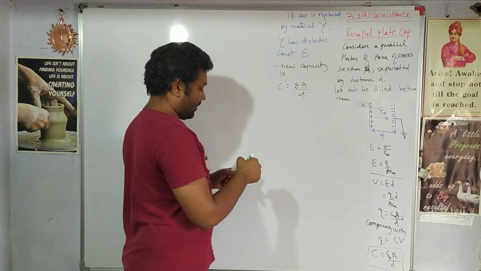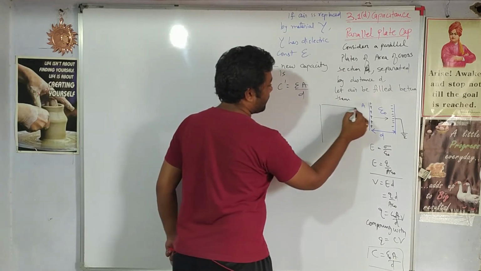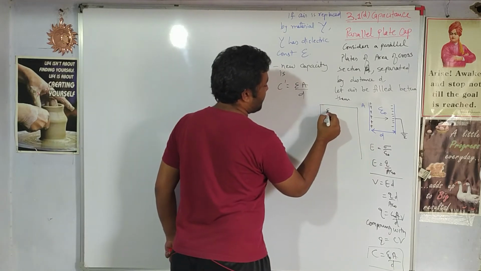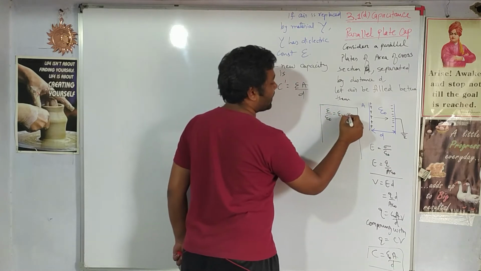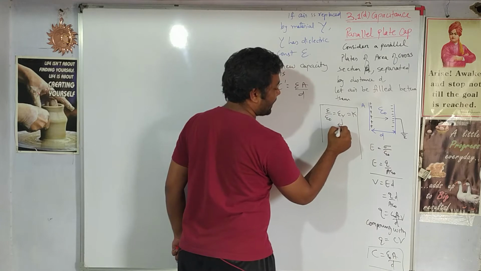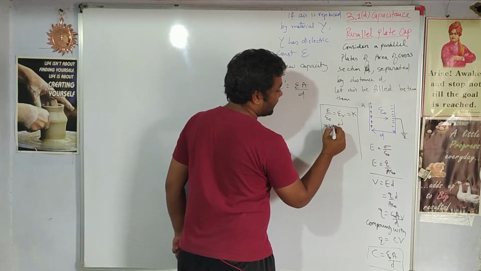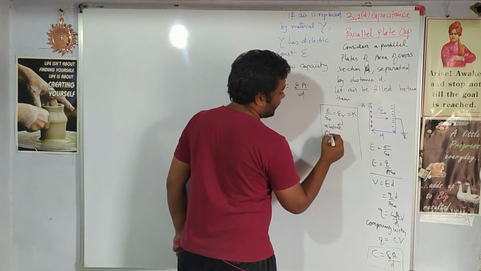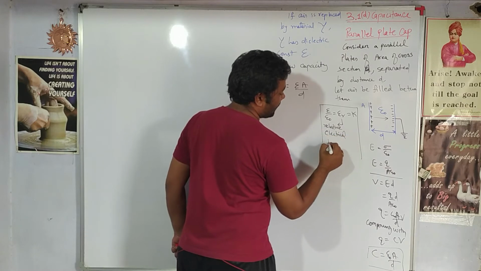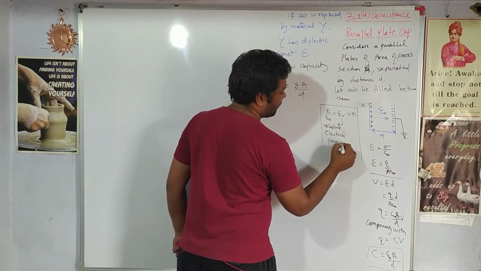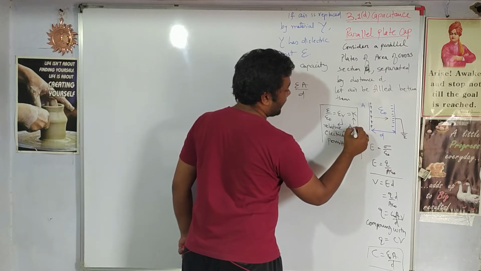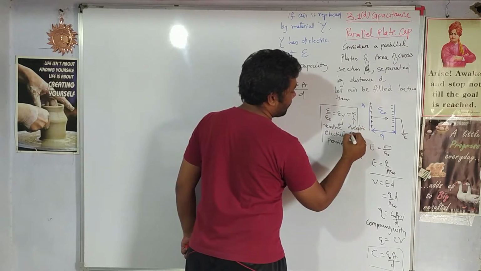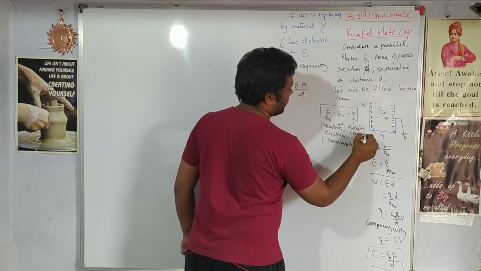Now this concept you should remember: epsilon by epsilon naught is called the relative electrical permittivity, or it is also called the dielectric constant, right?